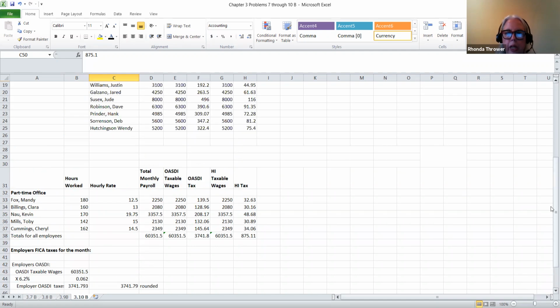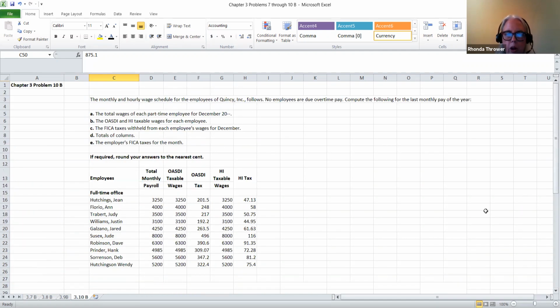Now I want to switch to the next problem, and the reason I didn't put it in Excel format is I couldn't get it copied and pasted in here, because you're going to have to fill out a form for Cengage. That form is in your Cengage problems.